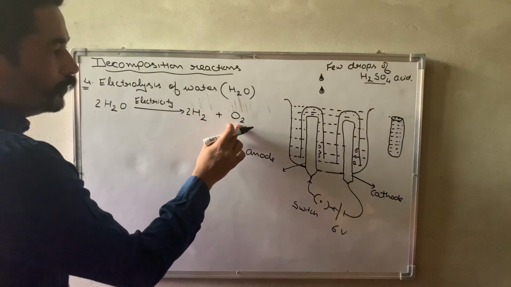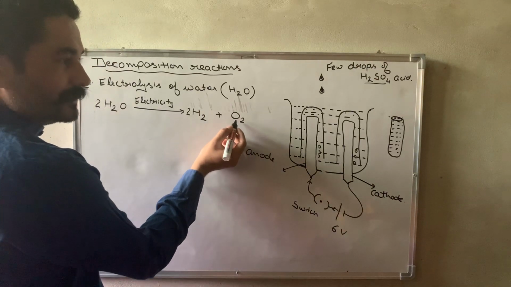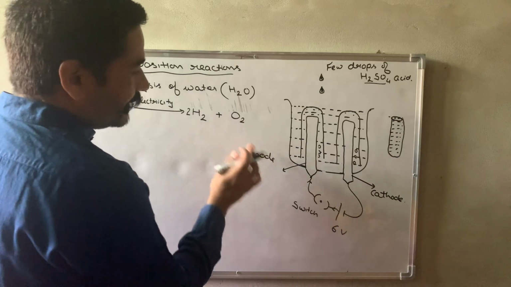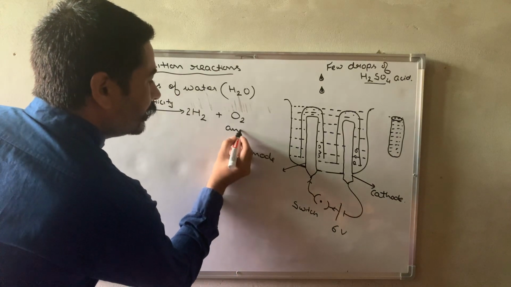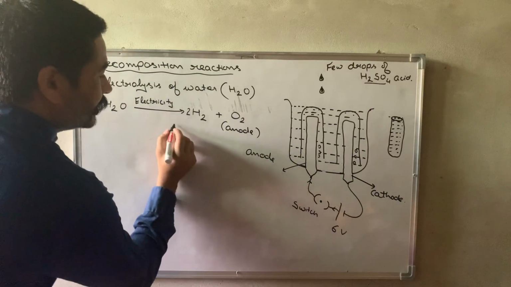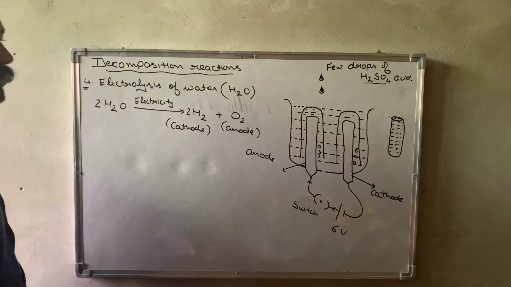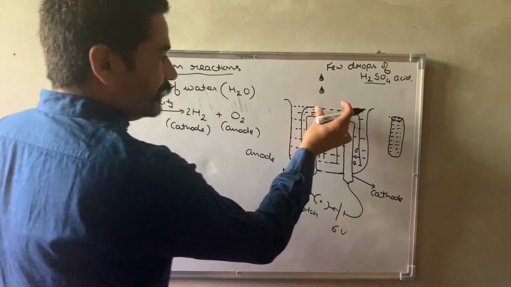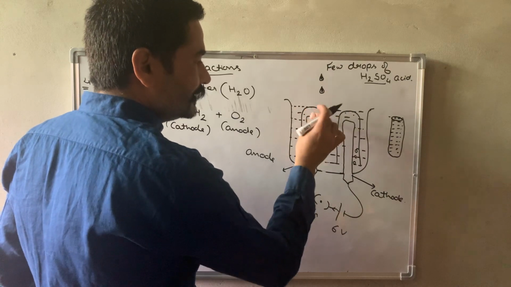Now which gas will form at the anode, and which gas will form at the cathode? These are the anions, negative ions, so these negative ions will be attracted toward the anode. So at the anode, oxygen gas will form, and at the cathode, hydrogen gas will form. You will see that water is moving down by displacement, because gases are lighter.